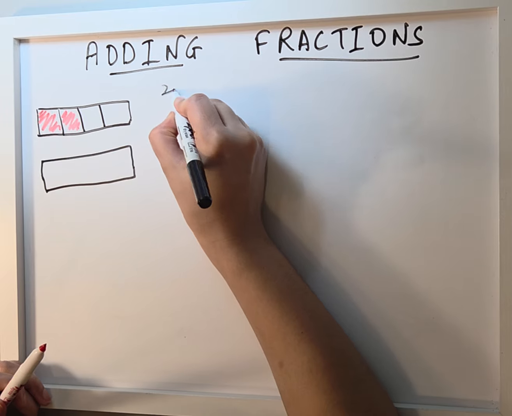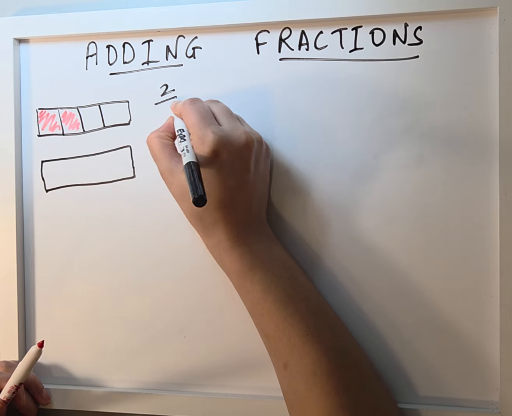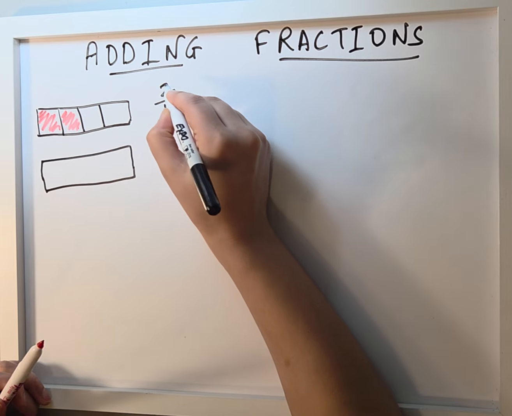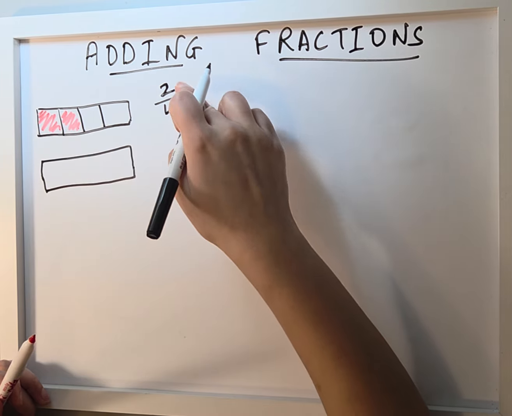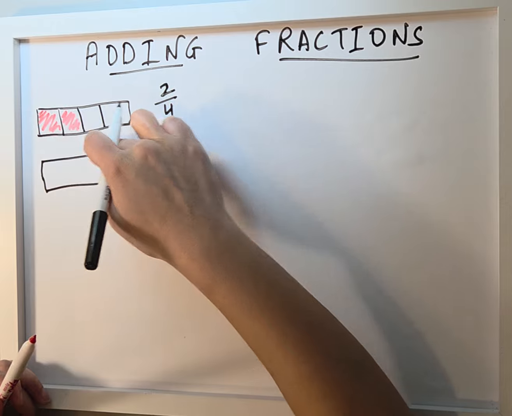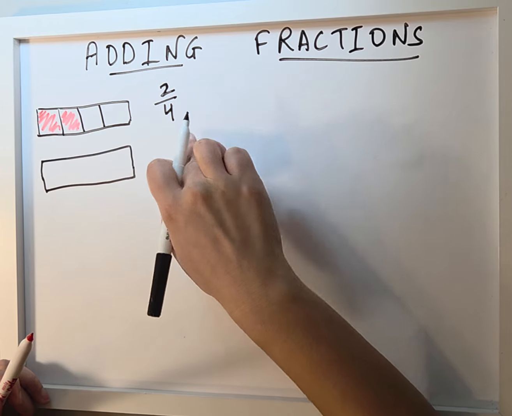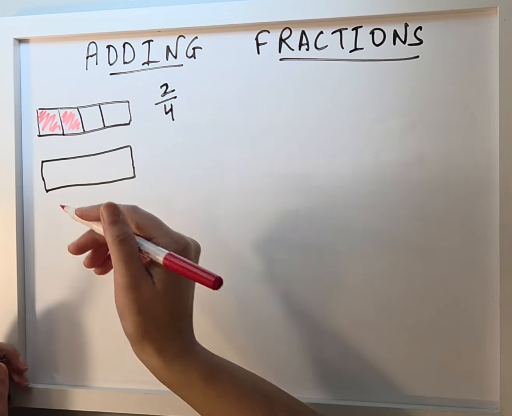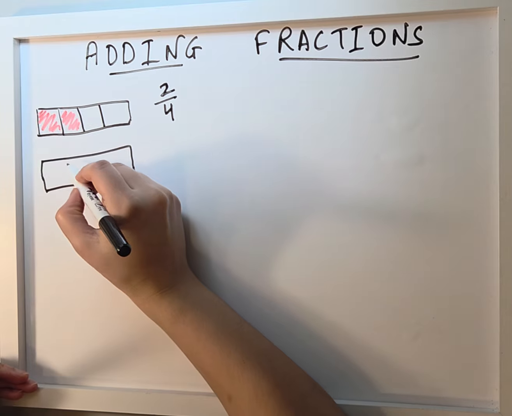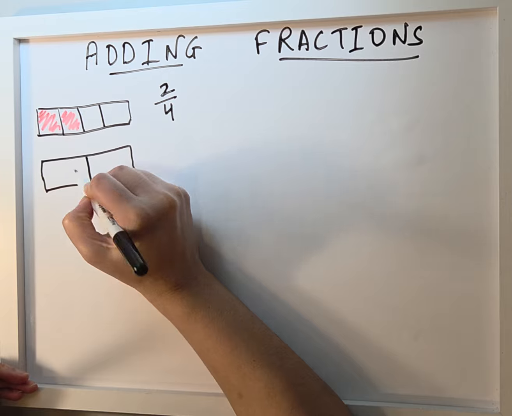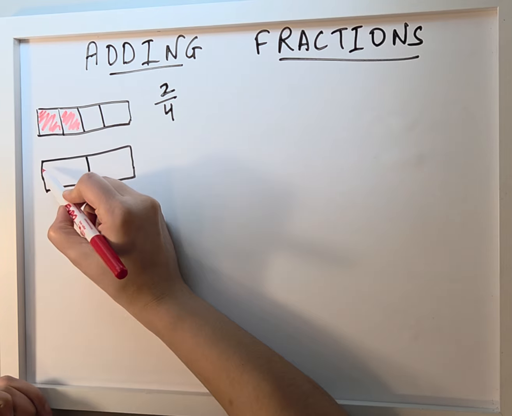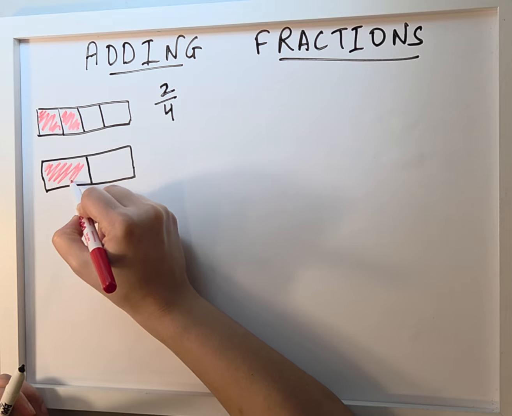So what will we say? Like we studied in the previous class, we can say the red portion can be represented as two parts out of the four parts.